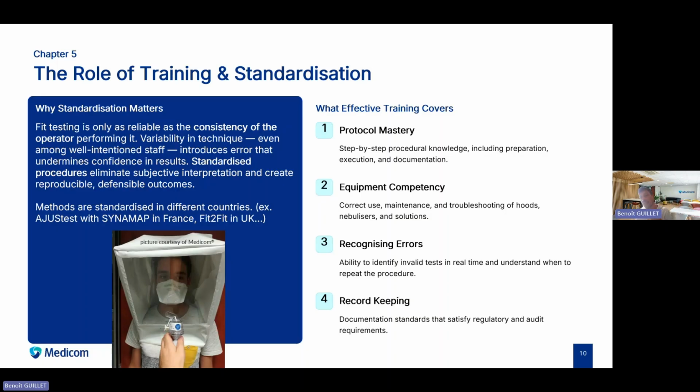That means before the test, you need to ensure that the fit testing kit is maintained, with no damage, and so on. Error recognition is also very important. The trainer needs to recognize an invalid test in real time, stop when necessary, and start again, for instance. And documentation is critical for compliance and traceability.